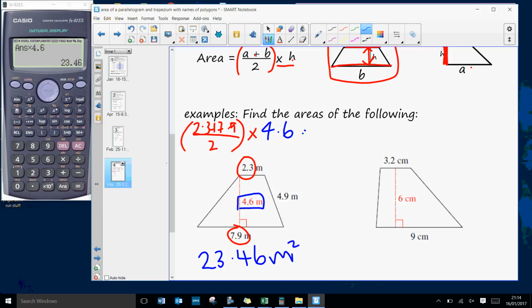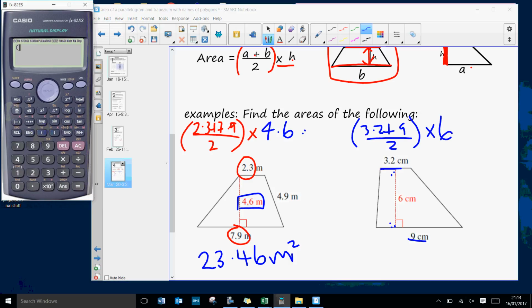For this one, the A and the B are 3.2 plus 9. Divide that by 2, and we multiply the distance in between them, which in this case is 6. This time I'm going to set it out a little bit differently. So I'm going to open up a bracket and I'm going to put a fraction in there.